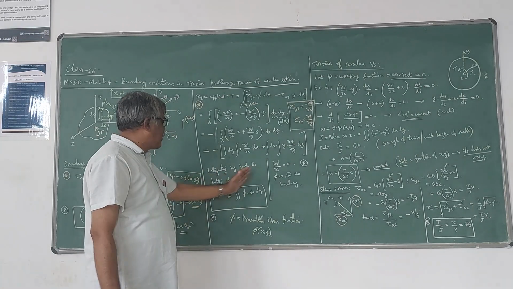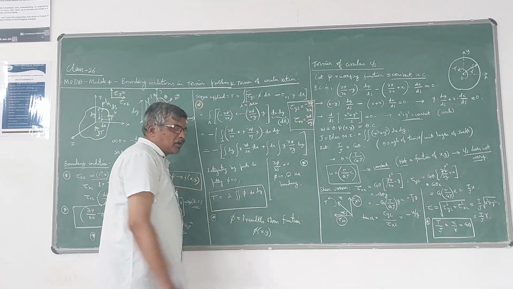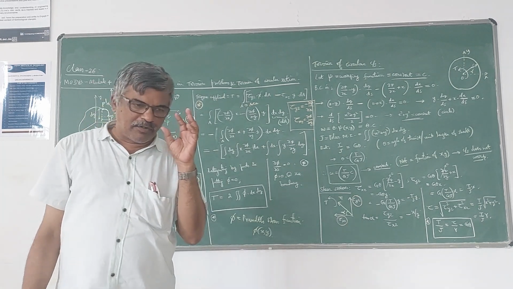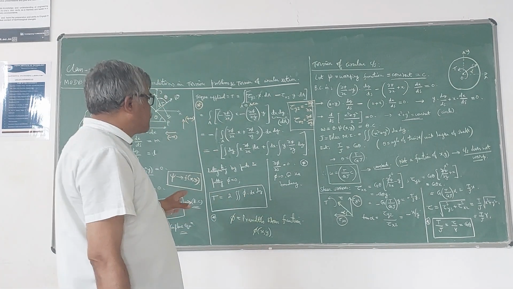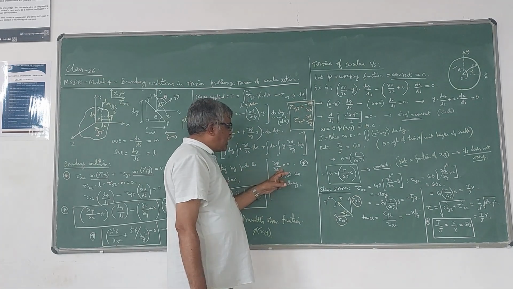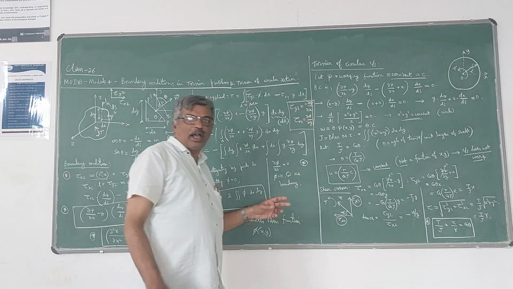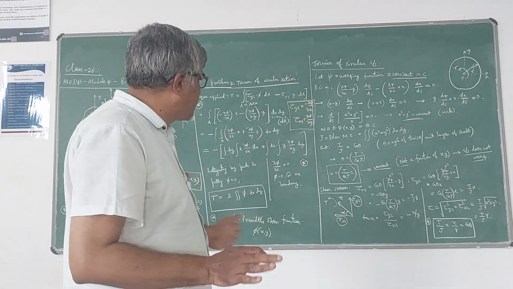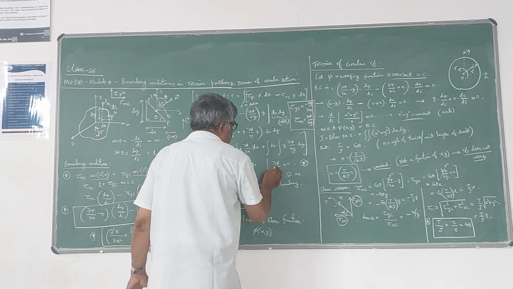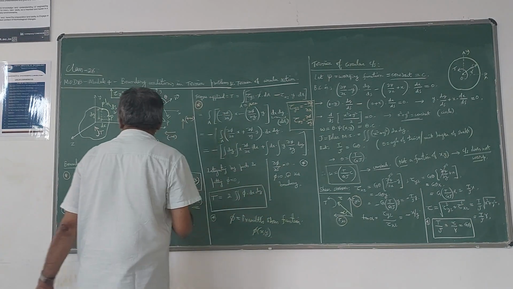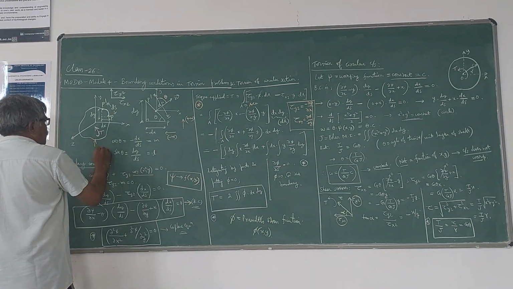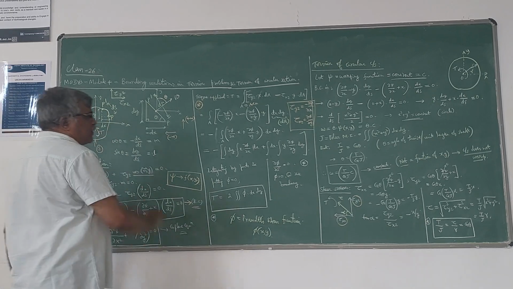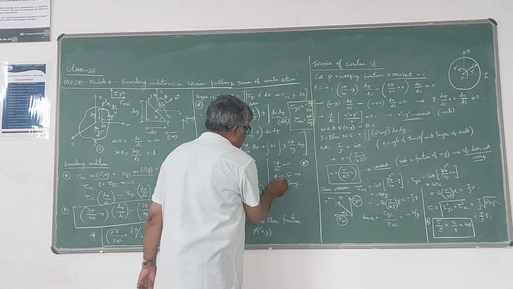So integrate by parts and put phi equal to 0. We can always prove that this Prandtl stress function phi is 0 at the boundary. I am skipping that derivation, but you can just remember that S is the boundary here, and along the boundary the Prandtl stress function phi is 0.